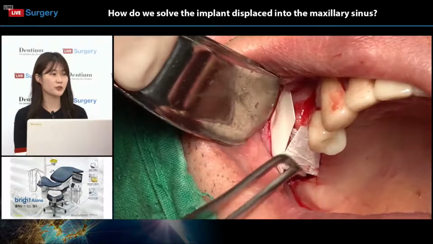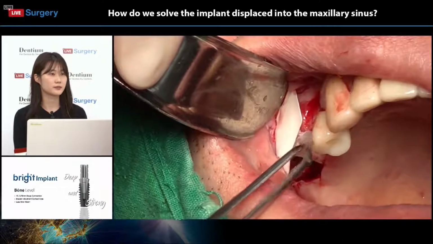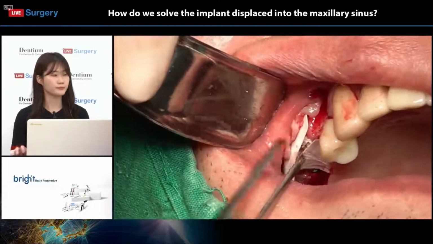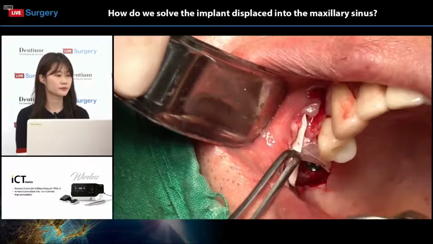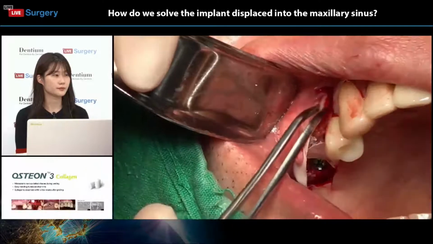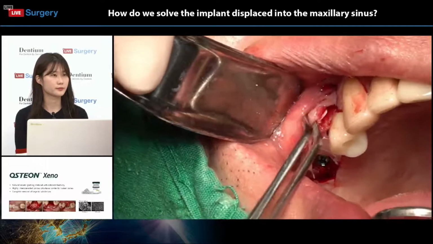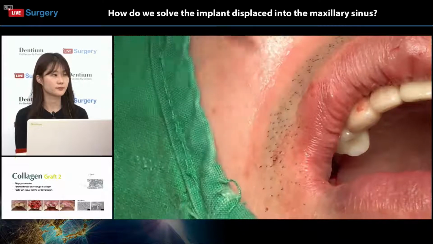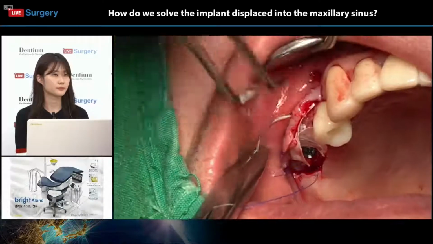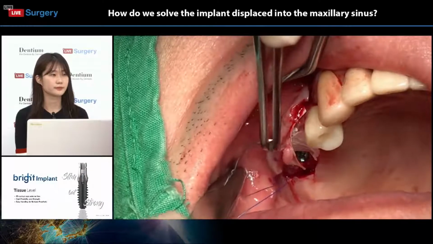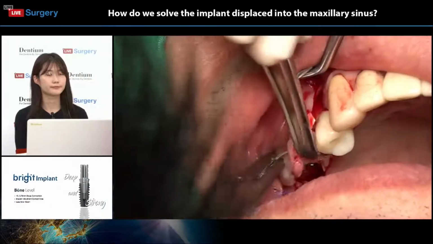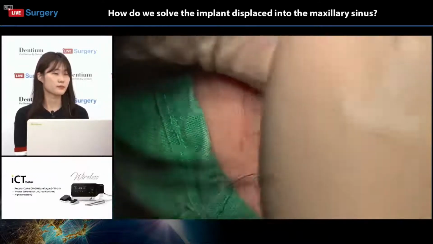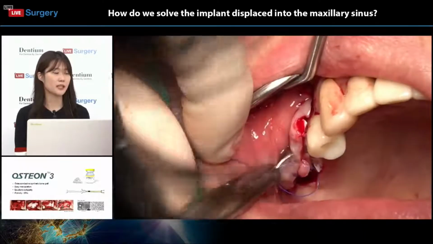And a smaller membrane is being used to cover the crestal side. Carefully handling the membrane, he is closing the flap.